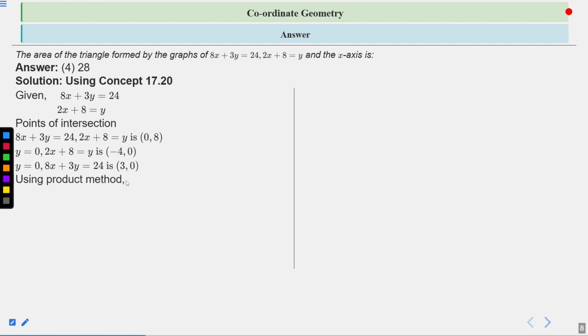Using the product method in this question, we can see this is a triangle and we need to calculate the area. The coordinate of this point is (8, 0). We got the coordinates of the other points as (-4, 0) and (3, 0). Now we apply the formula of the area of the triangle: 1 by 2 [x1(y2 minus y3) plus ...]. It will all be in mod form because we know that area should never be negative.